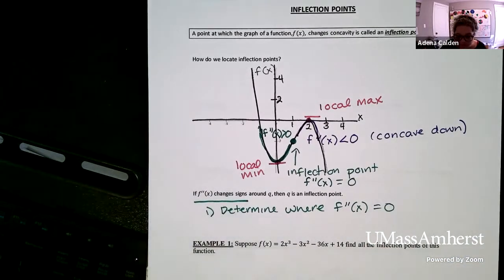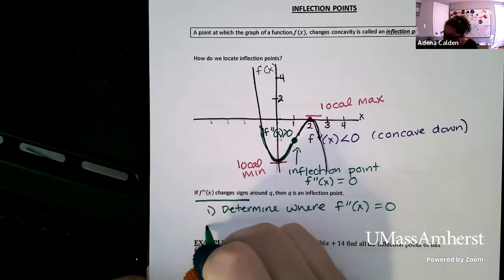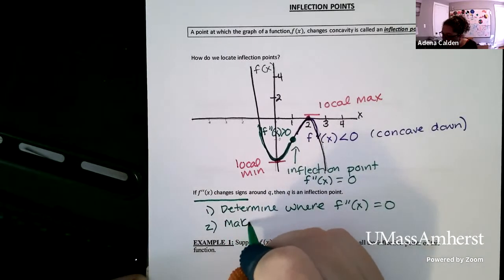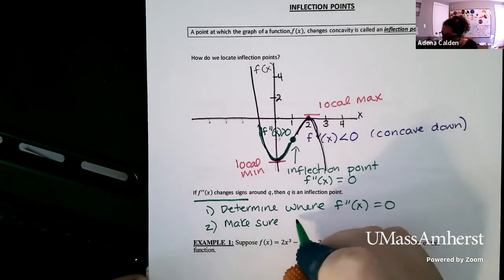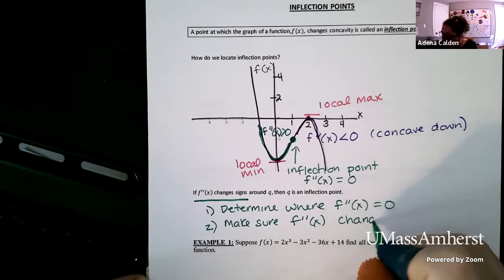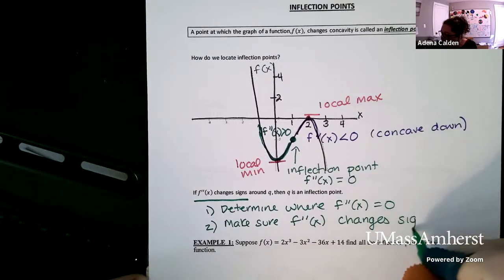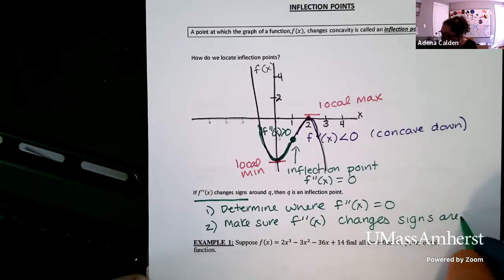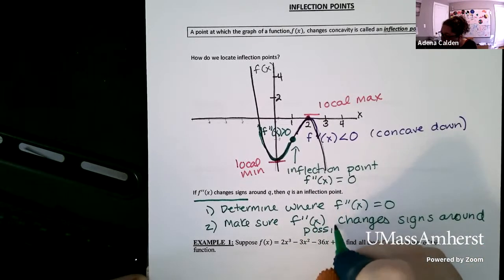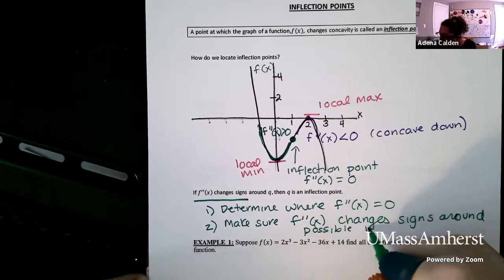If we have an inflection point, then the second derivative will be 0 there. But then we have to check, right? And then we're going to make sure the second derivative changes signs around a possible inflection point.